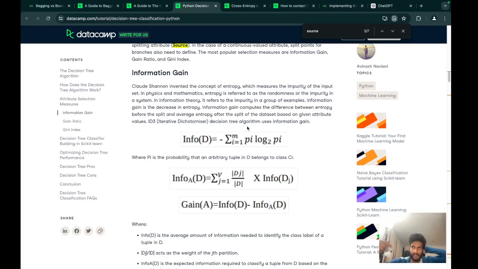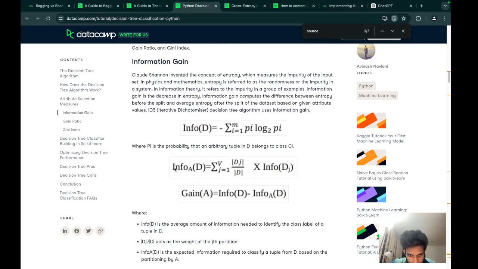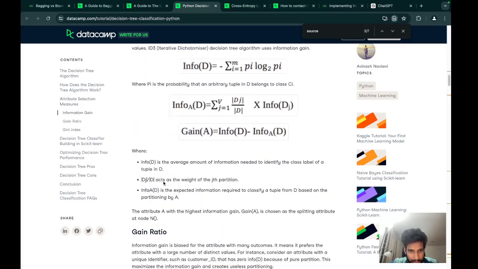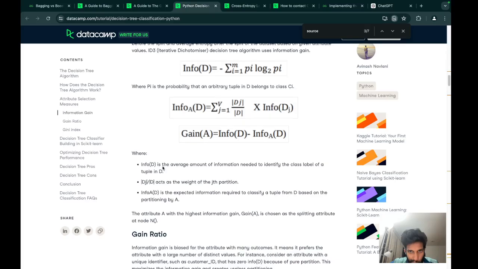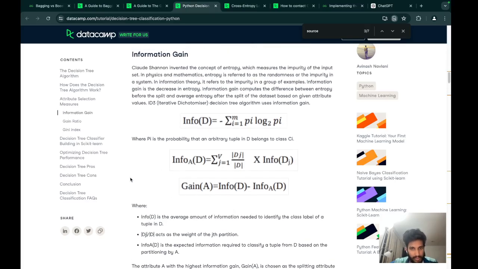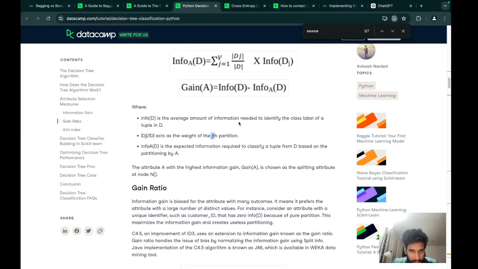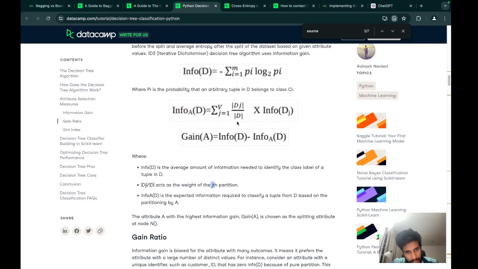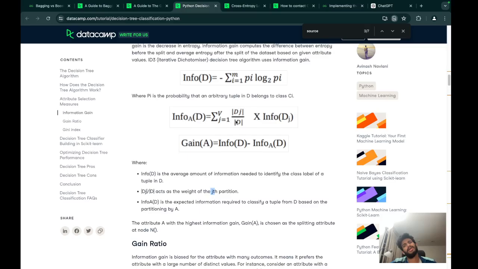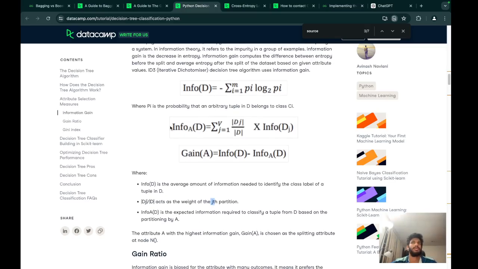I think we already established that, right? So Info_A(D) is, what is j? The j-th partition.